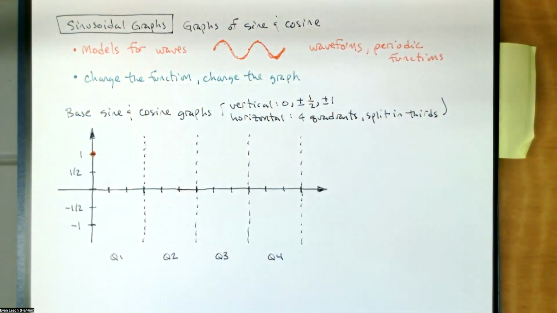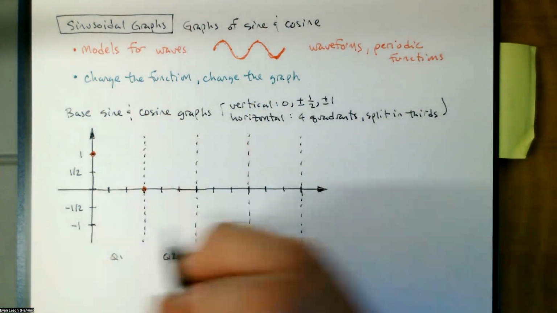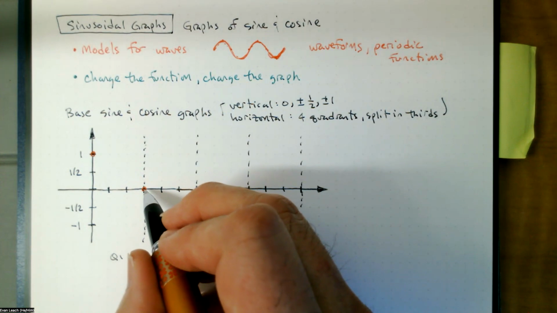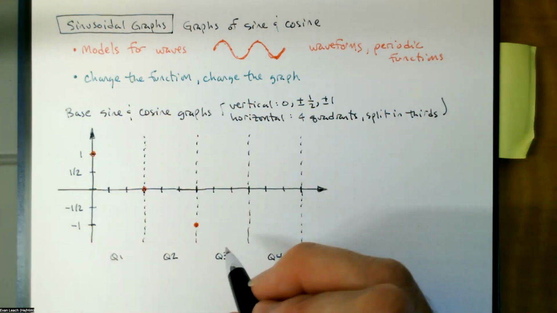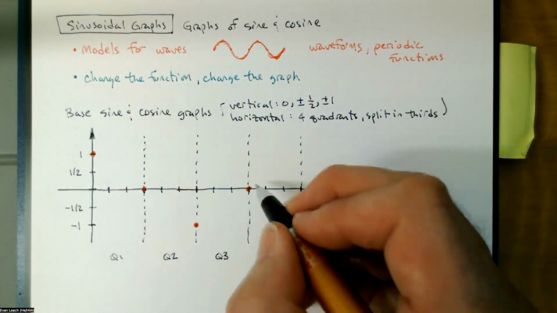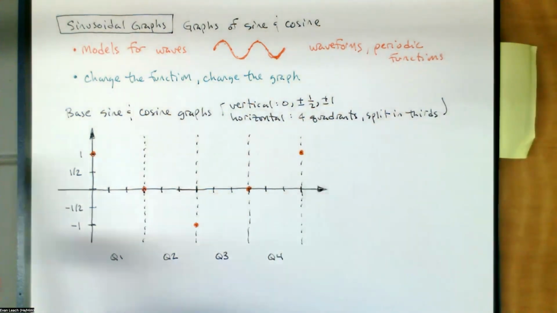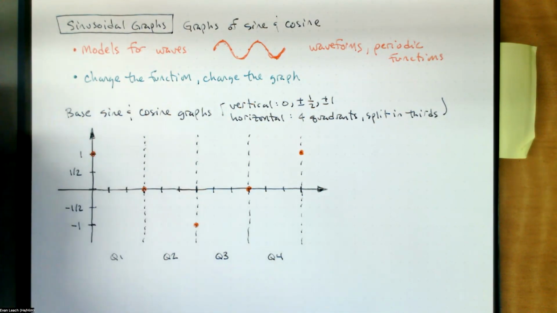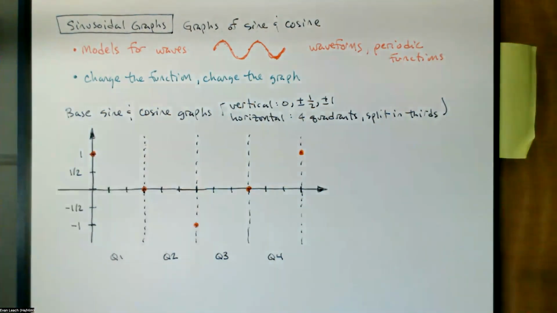At the end of the first quadrant, cosine has dropped down to 0. Then in the second quadrant, the x coordinate goes from 0 down to -1. In the third quadrant, the x coordinate goes from -1 back up to 0. And in the fourth quadrant, the x coordinate goes from 0 back up to 1. Think about the x coordinate as we go around the unit circle.